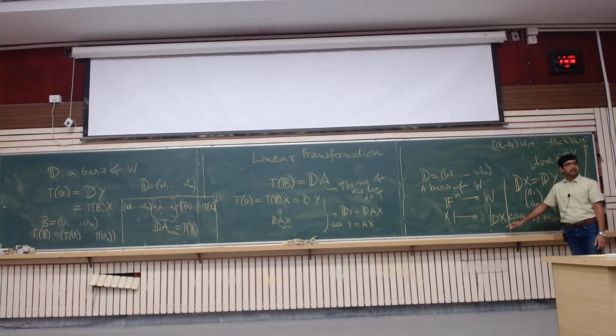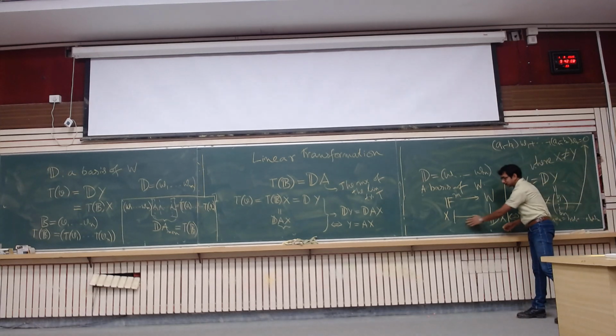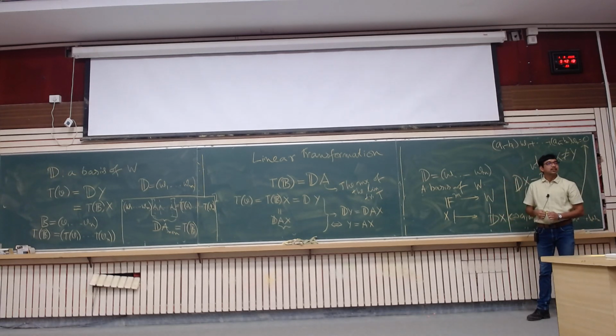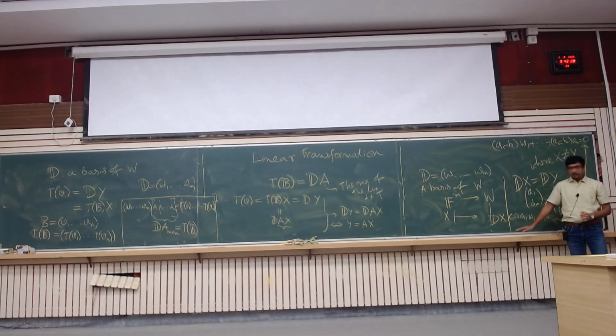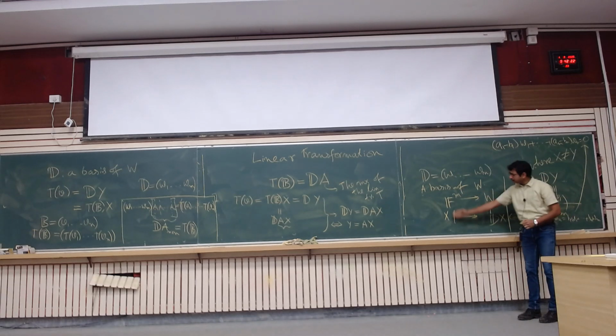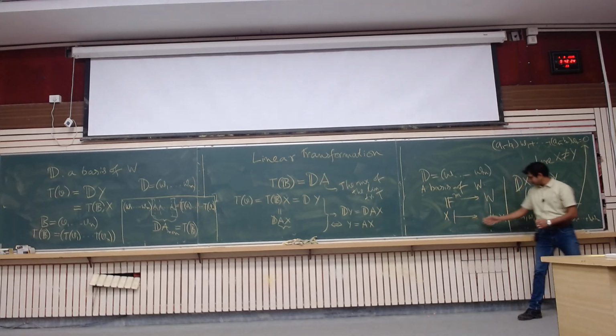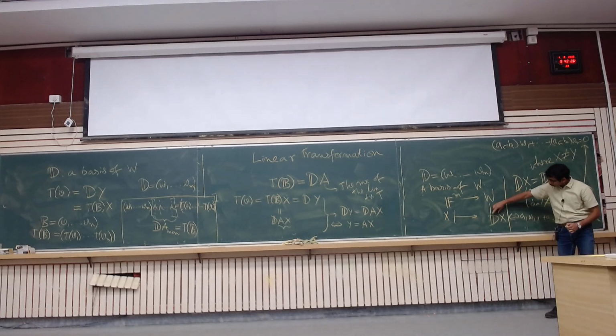And anybody else, is there any doubt about why this map is a bijection? Tell me again, we'll go over this. Gayatri, is this clear to you? That is, we are mapping a column vector to a linear combination of the basis vectors by the elements of this column vector.